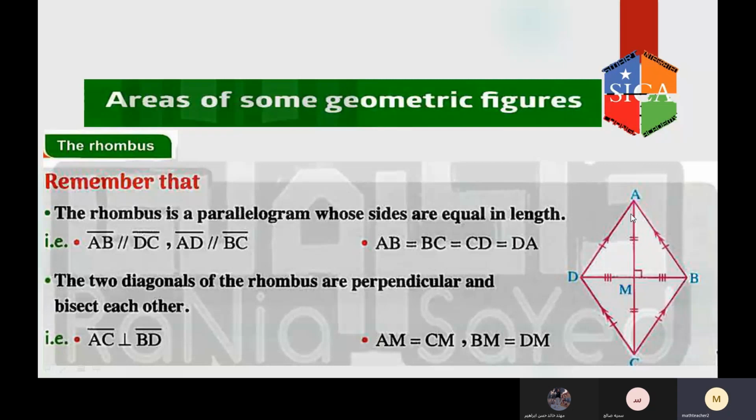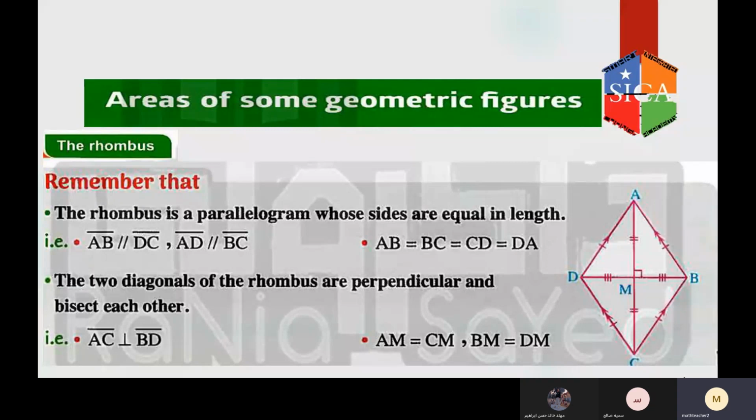And its diagonals are perpendicular. Its diagonals, AC and BD, are perpendicular and bisect each other because it is a parallelogram. Then MB equals MD, and MA equals MC. Okay?